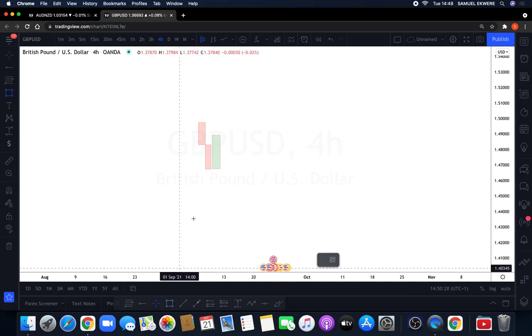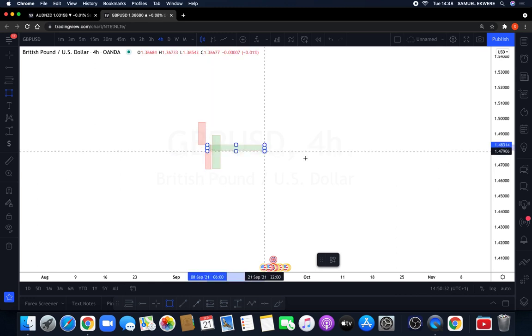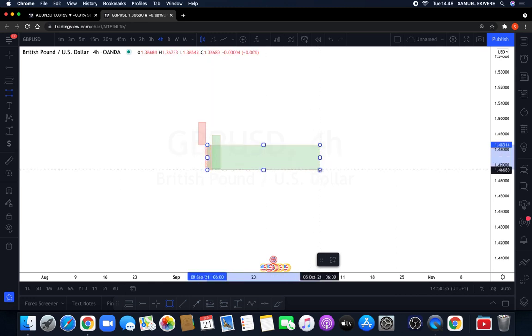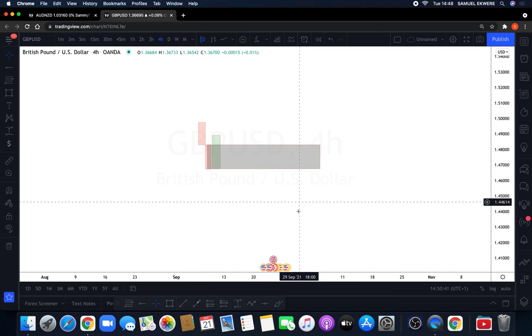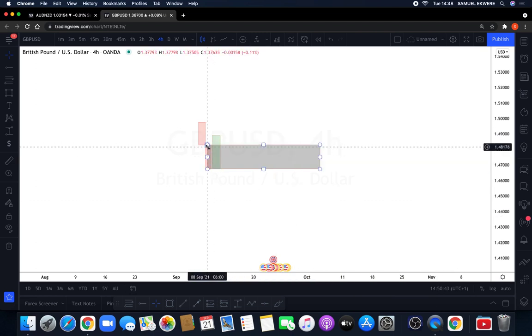Usually you're going to draw a rectangle, somewhat like this, highlighting this order block.